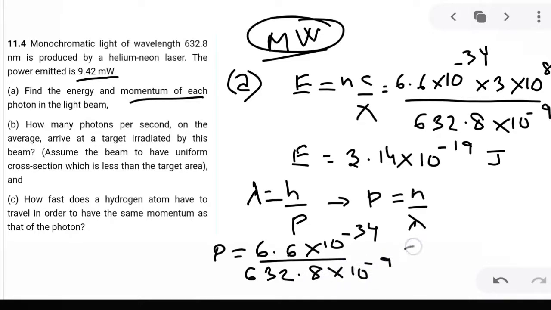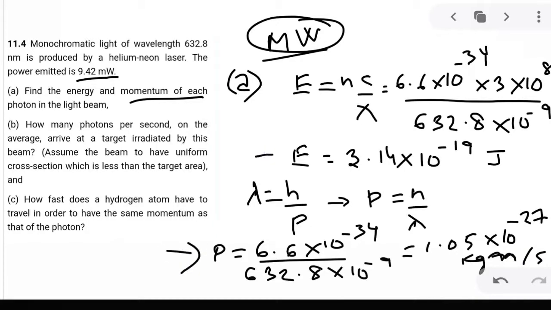If you simplify this, you'll get 1.05 into 10 power minus 27. Momentum unit is kg meter per second. So this is momentum and this is energy of each photon. So this is part A.